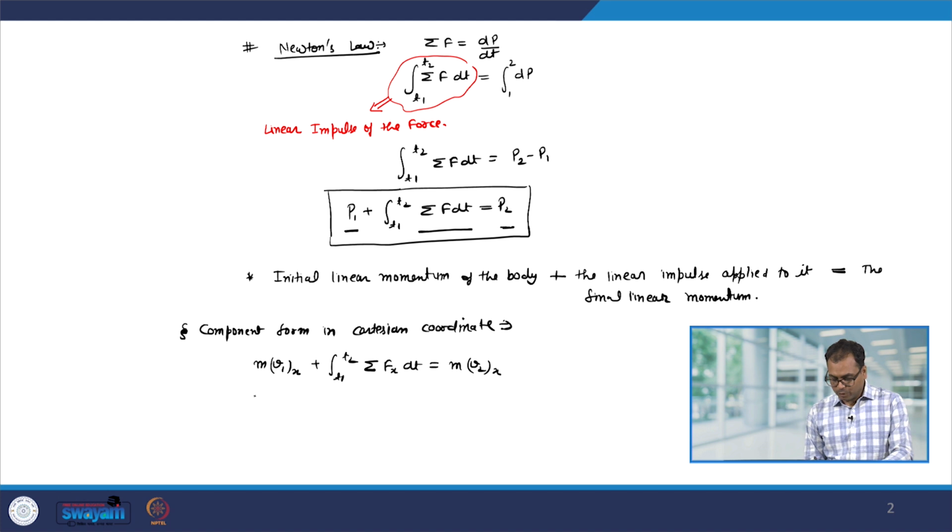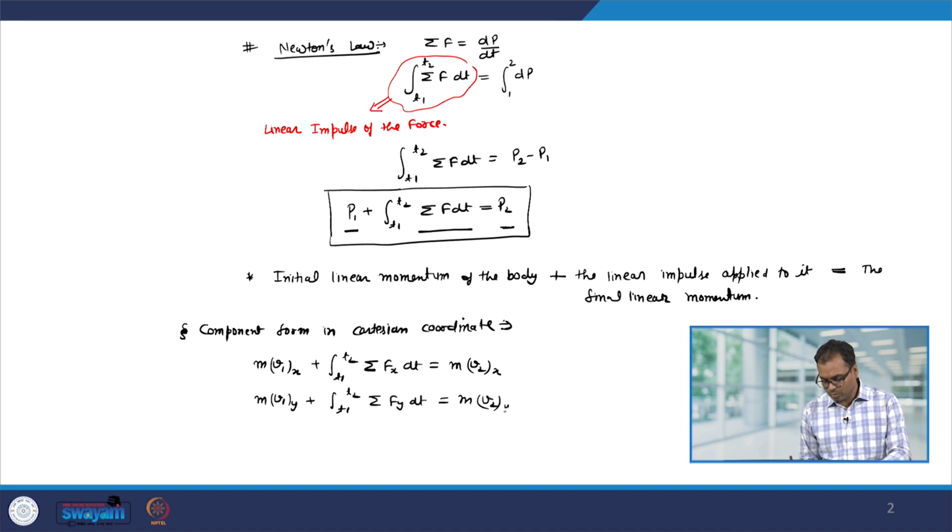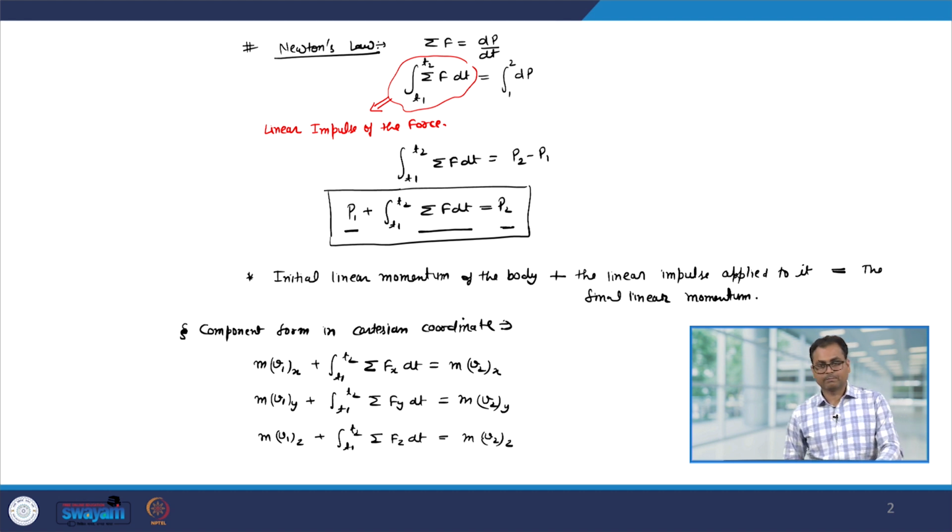For the y component we have m v1y plus integral t1 to t2 summation Fy dt equal to m v2y, and similarly for the z component we have m v1z plus integral t1 to t2 summation Fz dt equal to m v2z.